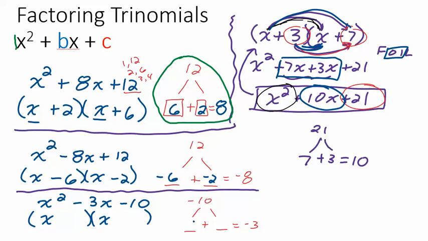And it's either 1 and 10 or 5 and 2. So since I need a 3, it's going to be 5 and 2. And since I need a negative 3, it's going to be negative 5 and positive 2. Those multiply to be negative 10 and add to be negative 3. So one of my parentheses is going to be x minus 5, and the other one is going to be x plus 2. And that's how it works.